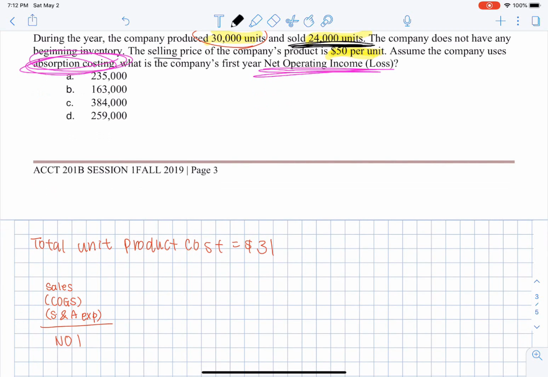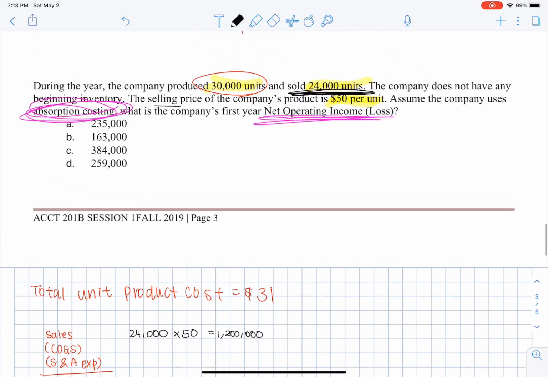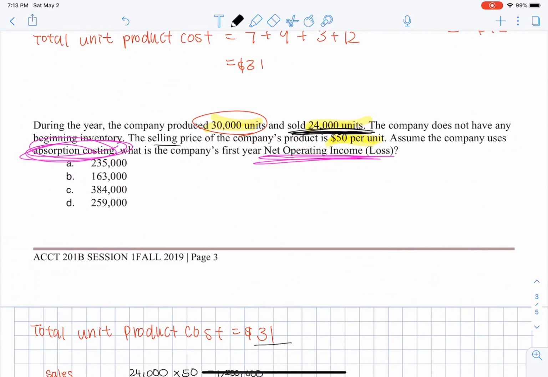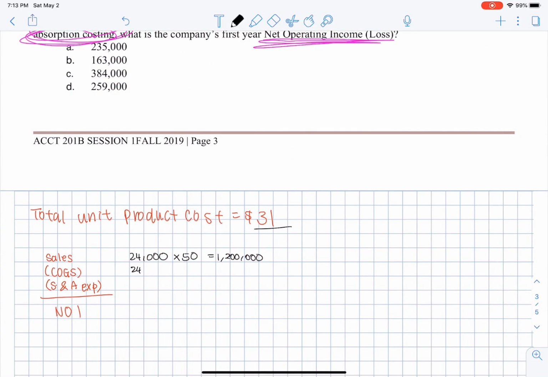So the sale is going to be 24,000 units times 50, which is 1,200,000. And the cost of goods sold, which is our product cost of 31 per unit, 24,000 times 31 is 744,000.